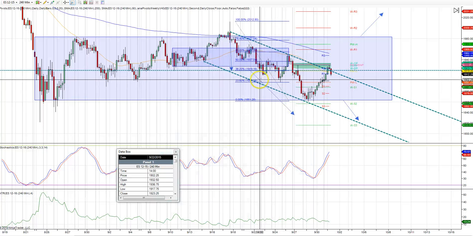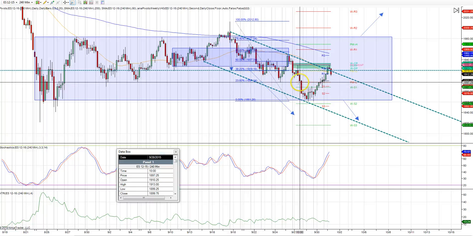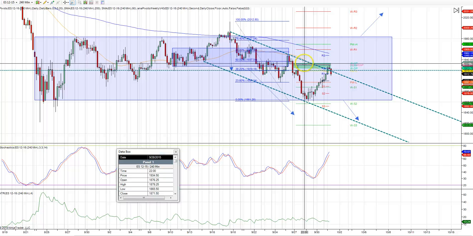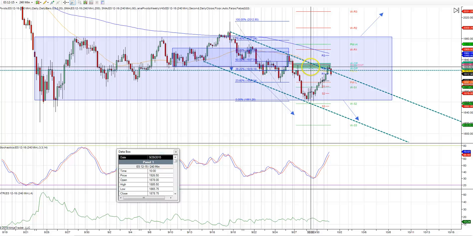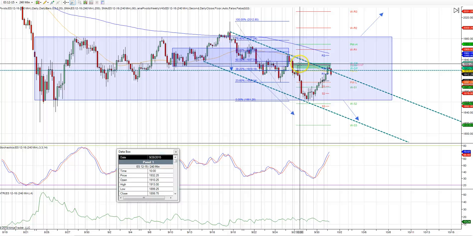And so we can look at, we got the 23.6 level here. We pulled back into this 38.2 level. Didn't really test the 50% level. We got 1937. So we came up, not almost tested, but a little bit ways from the 50% level and rolled over.